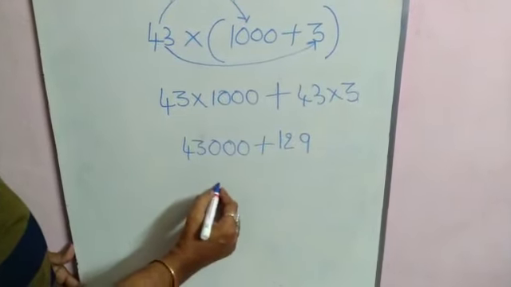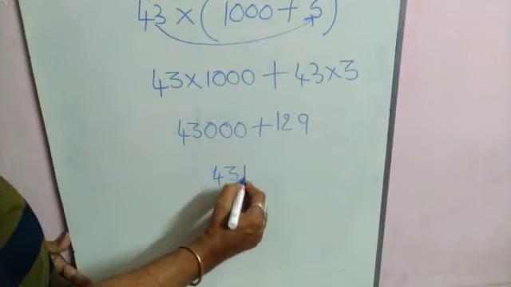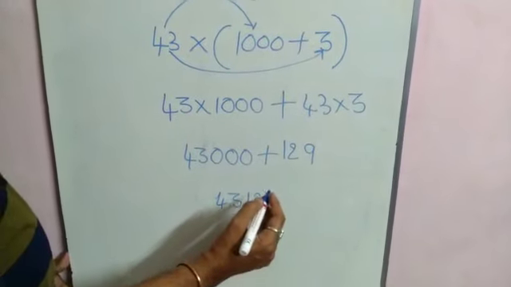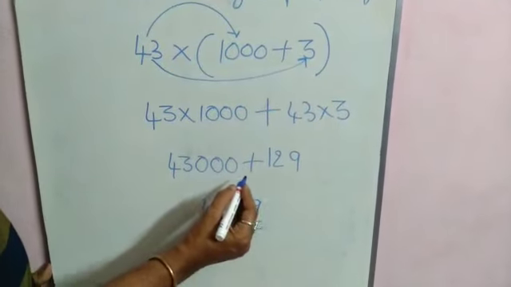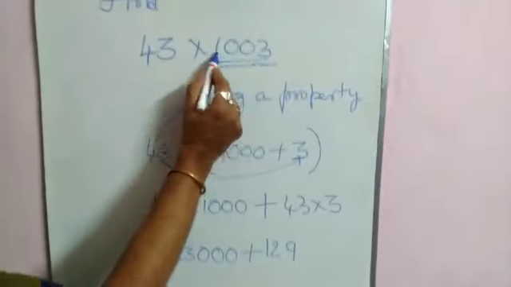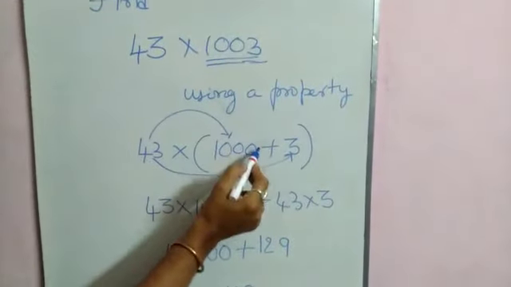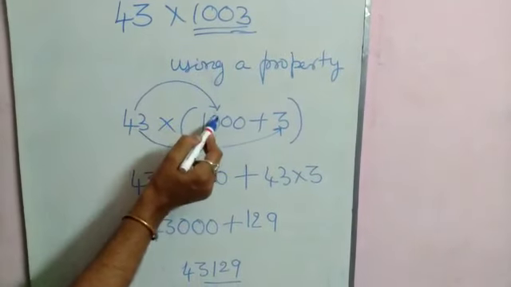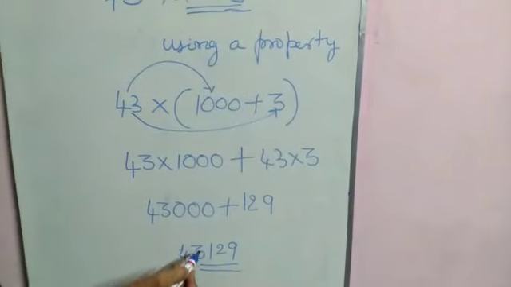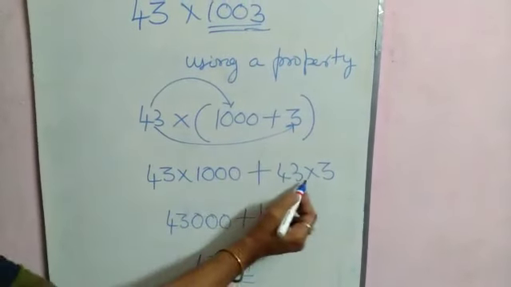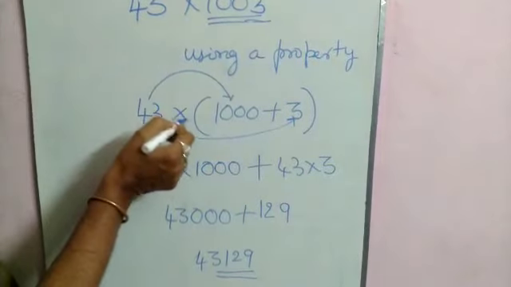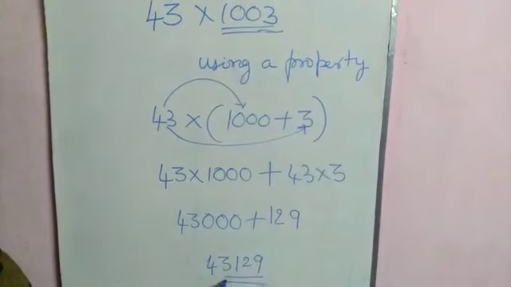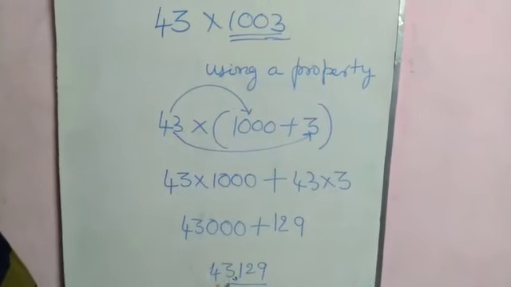Now summing up these two, you get 43,129 as the answer. Here we use the distributive property. 1003 we have split as 1000 plus 3, and we are distributing 43 to both 1000 and 3. In the previous example, we were going in the backward direction. So the final answer is 43,129.